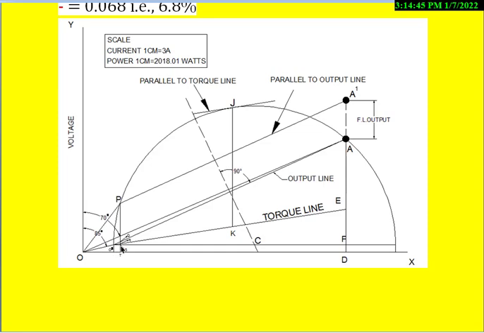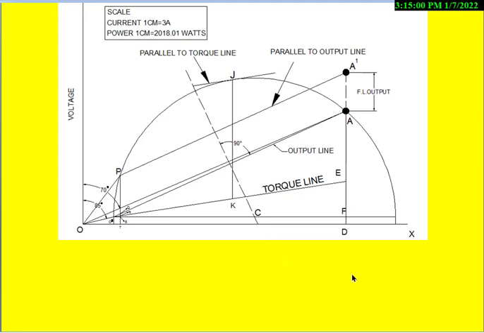Similarly, the angle for O dash is phi naught, and the angle for OA is phi SC, and AE and EF are the ratio of the rotor copper loss to the stator copper loss.